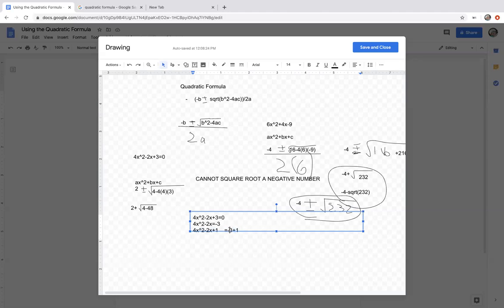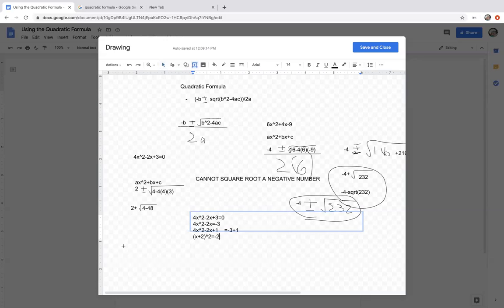And you cannot square root negative 2 because the point of this is to find a perfect square trinomial, but to find its roots, like for example, if you get x plus 2 squared, you'll be forced to square root both sides to find the answer. But if you have a negative number on the other side, you cannot square root a negative number.